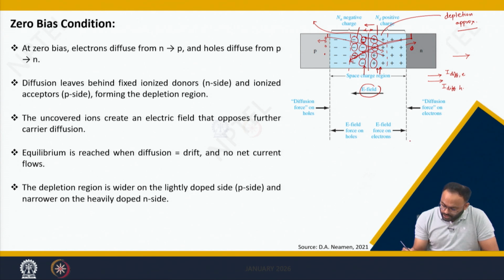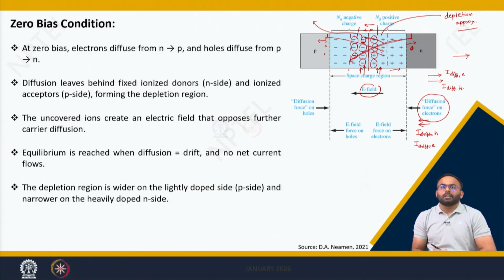So there will be a drift current in this direction. The hole is actually going in this direction, so there is I drift of hole in this direction, and electrons are going back because of this internal electric field. So there will be I drift of electron in this direction. If you see carefully, the diffusion force on electrons and the drift force on the electrons exactly counterbalance each other.